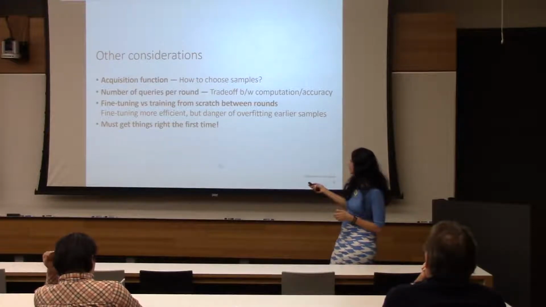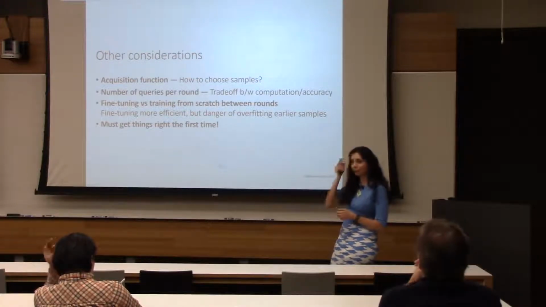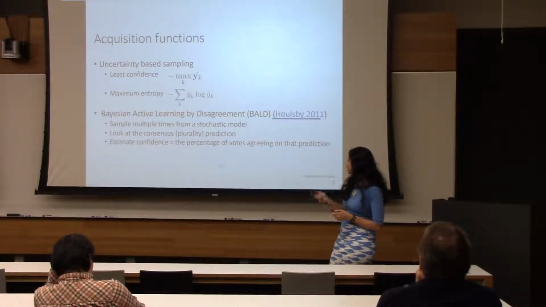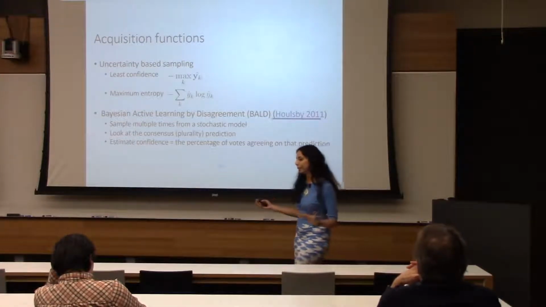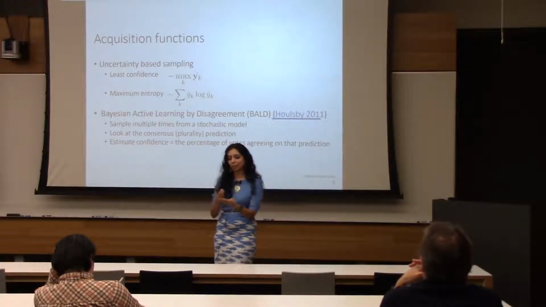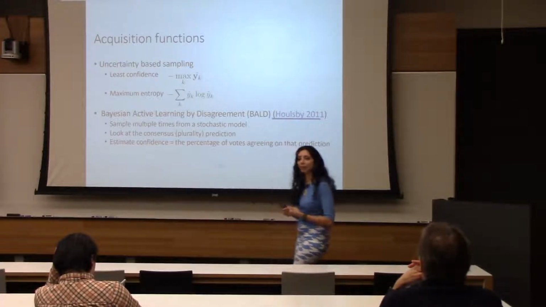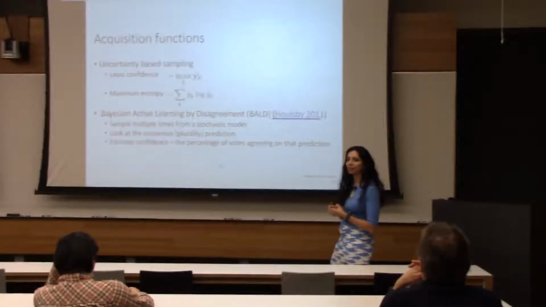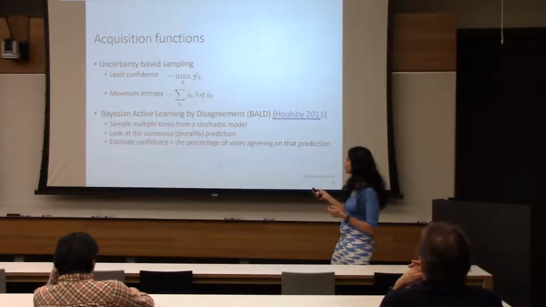And then we said we'll first focus on the acquisition function, because that's really one of the important design considerations, right? And we said the intuition is you can be optimal in the number of samples, in terms of the minimum number of samples you need to get to a level of accuracy, if you go by selecting the least confident samples, or the most uncertain samples.